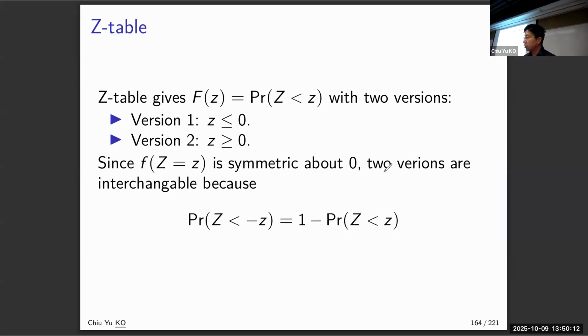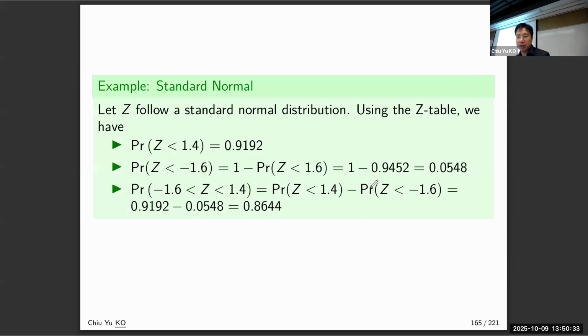You can use only one version, or both. Why do I have both? Because when you download from the internet, usually you get only one of them. So for your convenience, I put both, so at least you can calculate by hand.